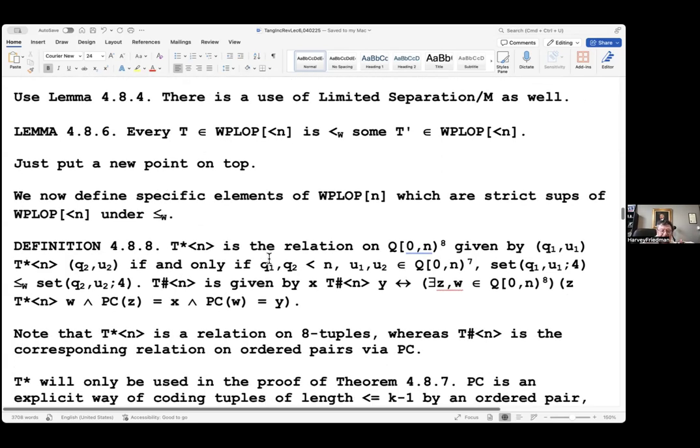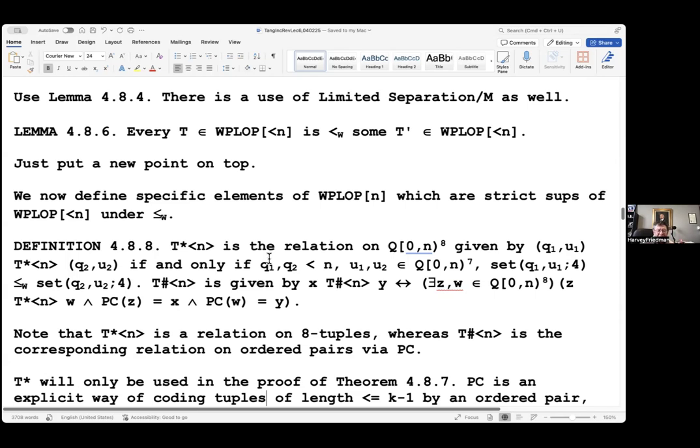So we define T star of n as the relation on 8 tuples given by Q1, U1 is before Q2, U2 if and only if Q1 and Q2 are less than n, U1, U2 are 7 tuples. The 8 tuples come from the fact that we have one more argument Q, right? where set of Q1 U1 4 is less than or equal to sub W of set Q2 U2 4.